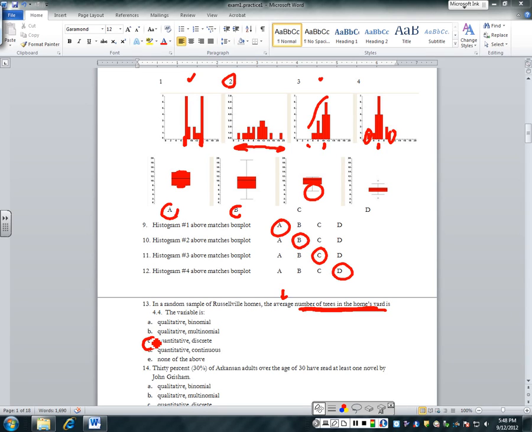And then in 14, we can't see all the responses, but I can see that the correct response is up here. 30% of Arkansans over the age of 30 have read at least one novel by John Grisham. So the variable is whether or not they've read at least one novel by John Grisham. So they either have or they haven't. It's a qualitative variable, and since there are only two categories, that's binomial.